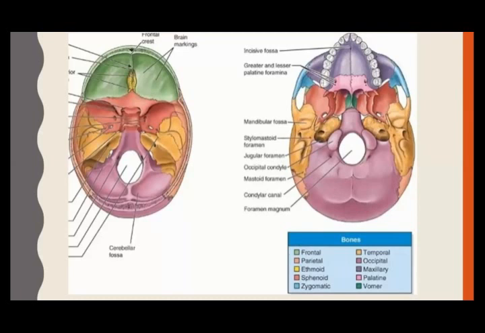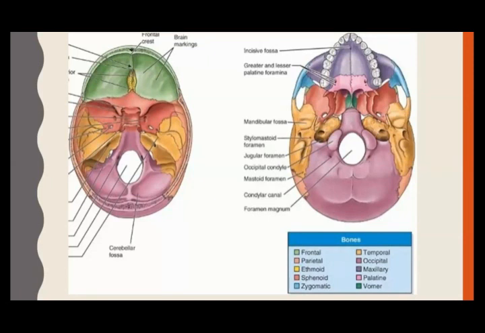And lying within the occipital bone, this is the foramen magnum, through which pass the spinal cord and meninges. This is the jugular foramen, and this is the internal acoustic meatus. Earlier I showed you the external acoustic meatus, the outer opening of the ear.